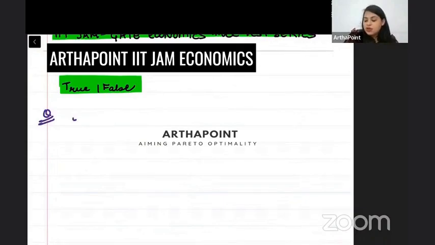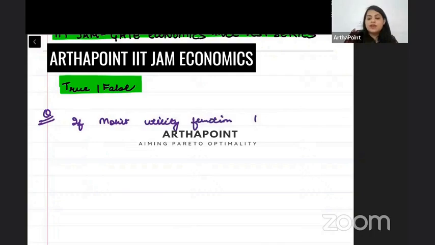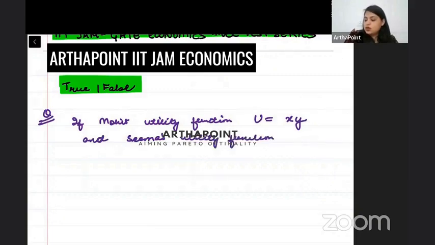Okay. So, if Mohit's utility function is given by xy, and Seema's utility function is given by u is equal to root of xy, right?